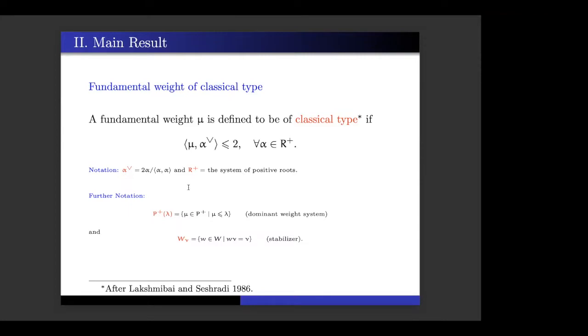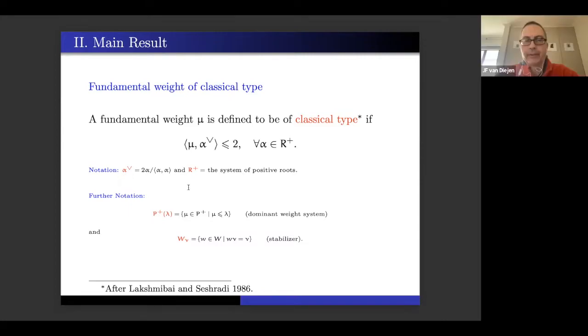So tensoring with a representation with the highest weight of classical type, that is the situation that the formula can manage. And in the case of classical algebras, all the fundamental weights are actually of classical type. So that's good news.